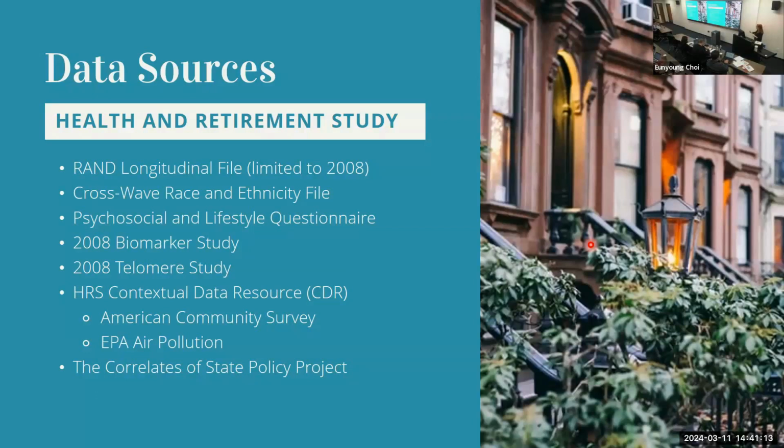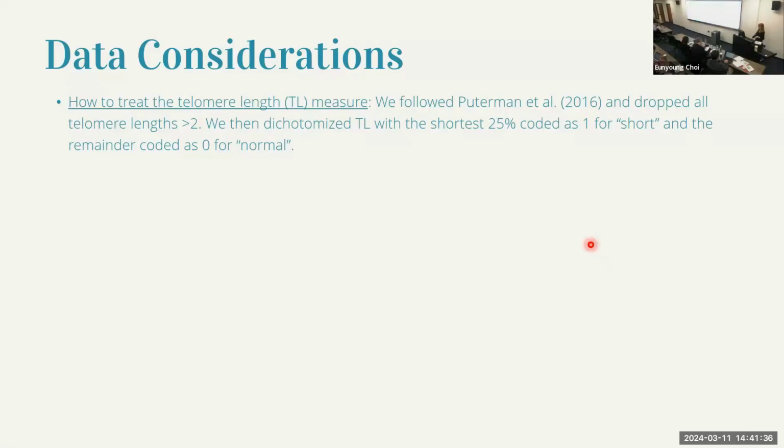We use 2 components of the CDR, the American Community Survey data and the EPA air pollution data. And then we were also allowed by HRS to merge in data from the Correlates of State Policy Project database. I'm not really going to talk about that today, but if anyone's interested, you can certainly email me. And I have my email at the end.